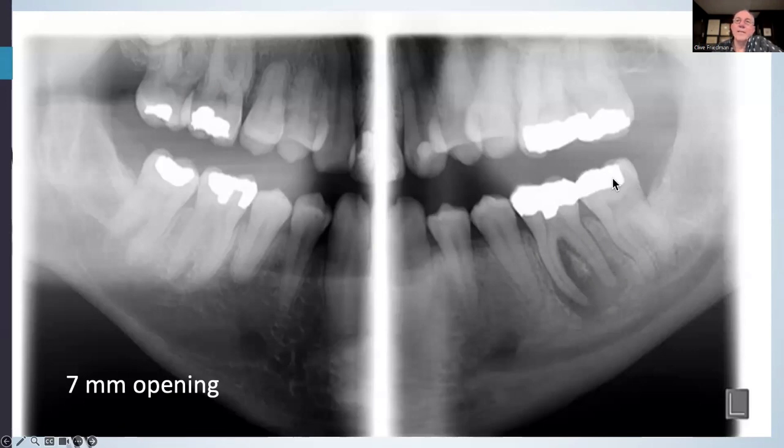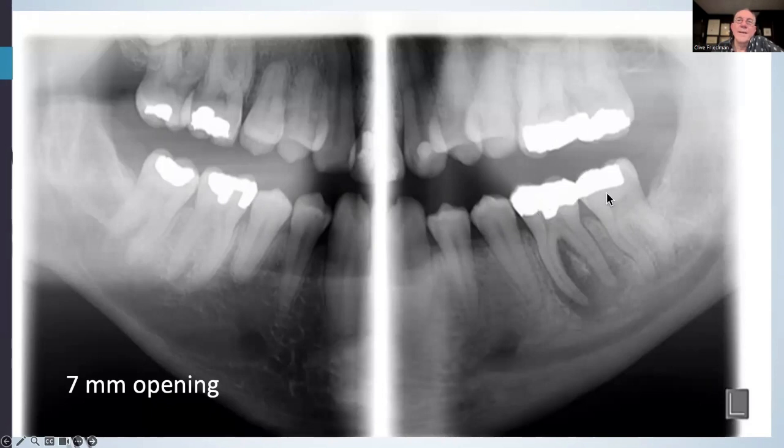And obviously, this person has had fillings done. These white things are fillings that have been done in the past. Now, what's interesting is that in order to do these fillings in the bottom of the jaw here, the kind of anesthesia that is required is an anesthetic that could be a trigger for an HO to occur in the temporomandibular joint area.